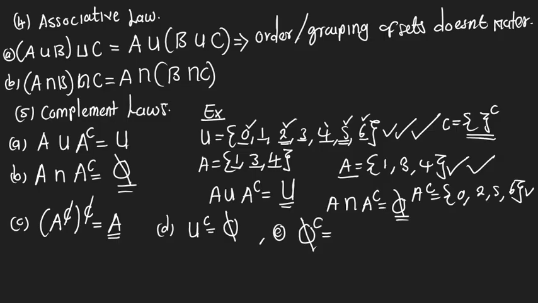So in this case, we will remain with all the members in the universal set. Correct? So henceforth, the complement of an empty set gives you the universal set. That is very important for you to understand.